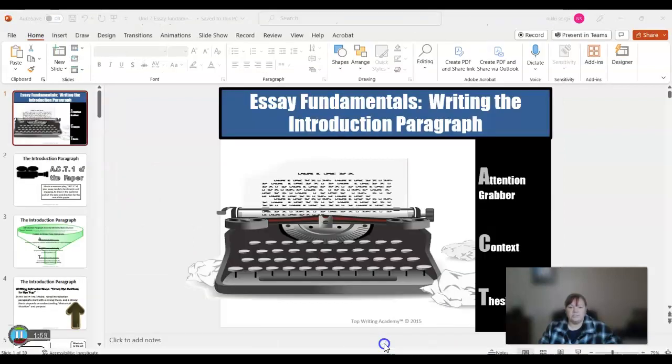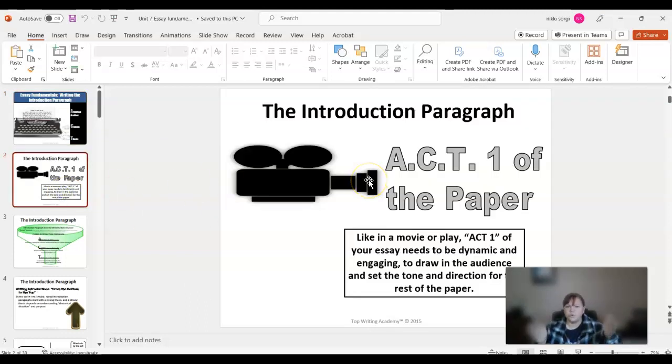Okay, so back to our introduction paragraph. Basically, like we keep saying, you need an attention getter, context, and your thesis. It's kind of act 1 of the paper. It needs to be dynamic and engaging. It has to draw in the audience and set the tone and the direction for the rest of the paper. So if your introduction is boring, people probably aren't going to want to read it, right?